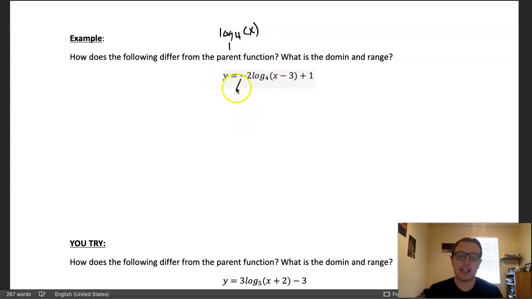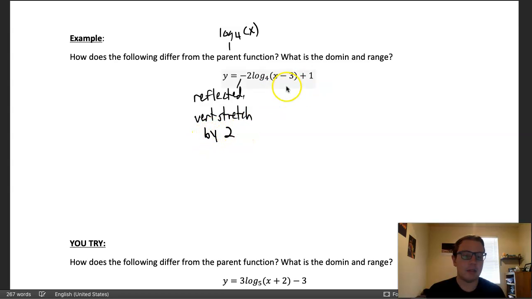Well, we've reflected it and we've given it a vertical stretch of 2. The minus 3 is going to move us right 3. And the plus 1 is going to move us up 1.